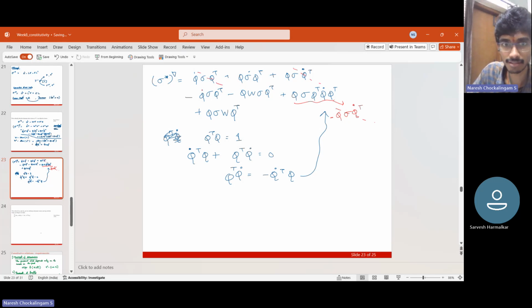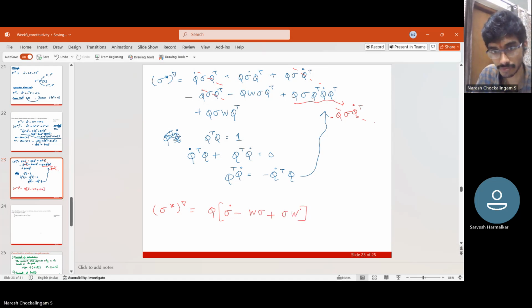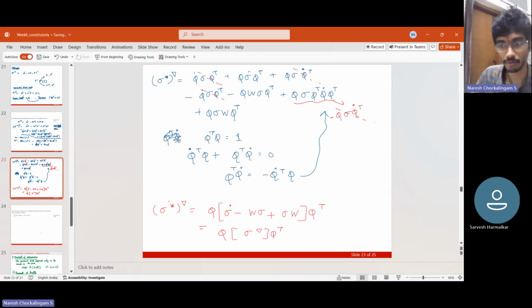This one cancels with this term, and we are left with sigma star. This one is equal to Q. So all the terms have Q transpose. And if you remove it, you get sigma minus W sigma plus sigma W Q transpose. Therefore the Jaumann stress rate is also objective.